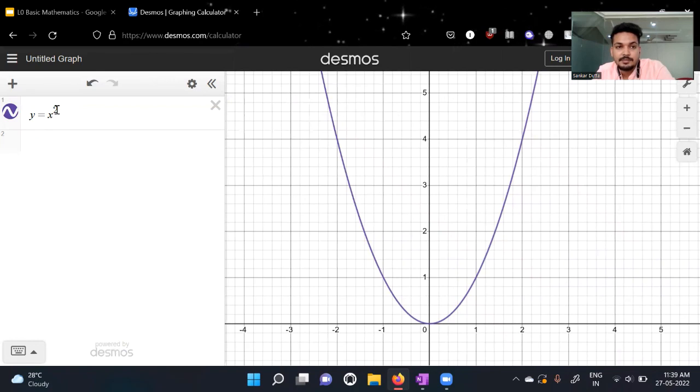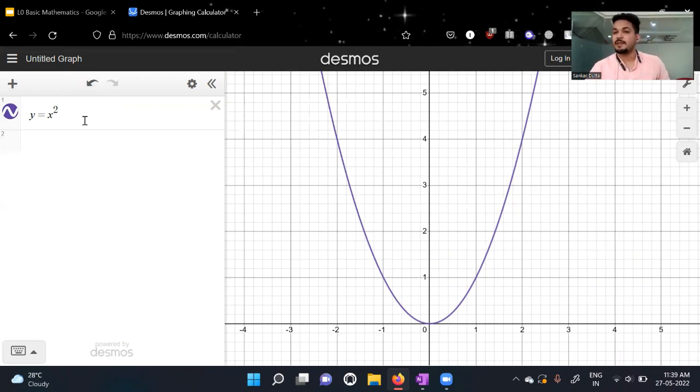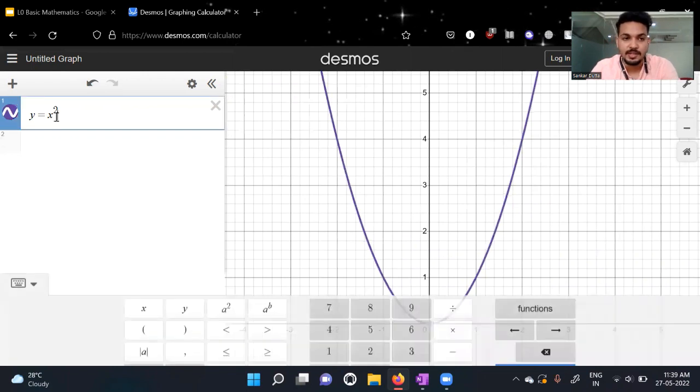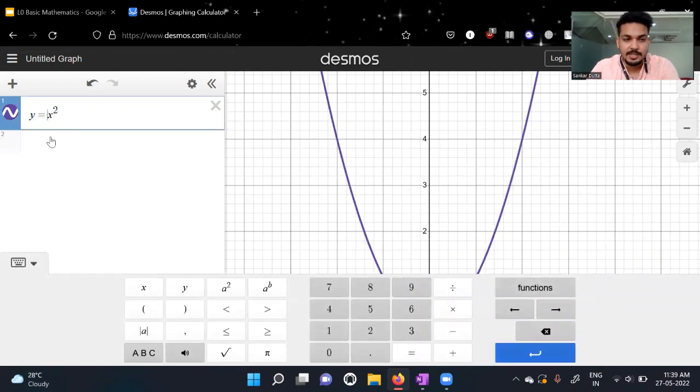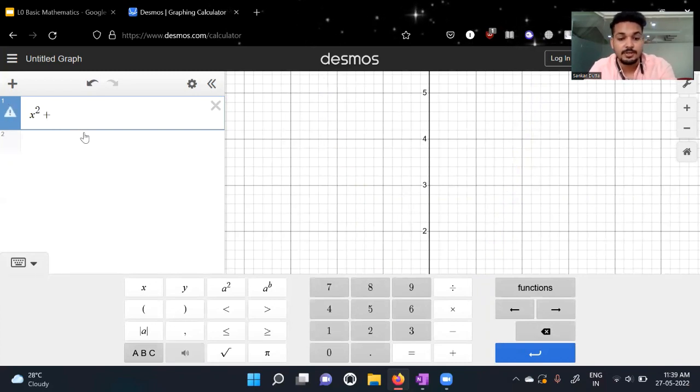When you increase the power of x, or y also, you will find different figures that you can make, different real life figures like circles, parabolas, hyperbolas. Those things you can make using mathematical equations. Let me show you a circle also, right? So let's keep x square and let's add y square.